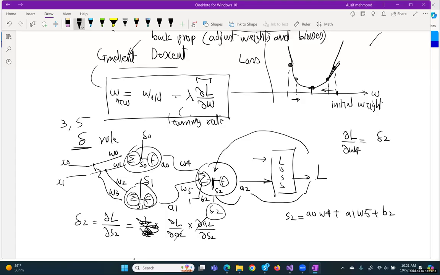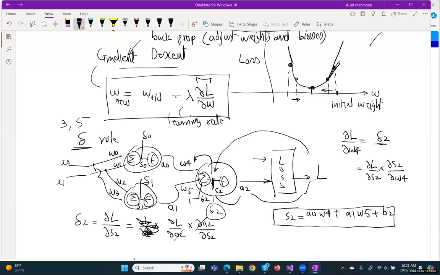We already know partial L over partial S2, because that is what delta 2 is. Like I said, it's the derivative up to the middle of the neuron. So now we just need to go one step backwards, which is to multiply it by partial S2 over partial W4.